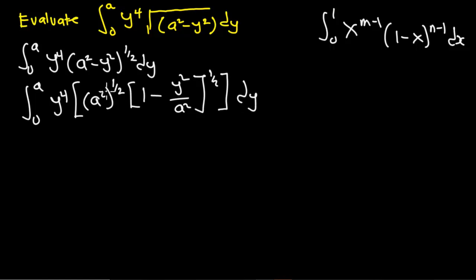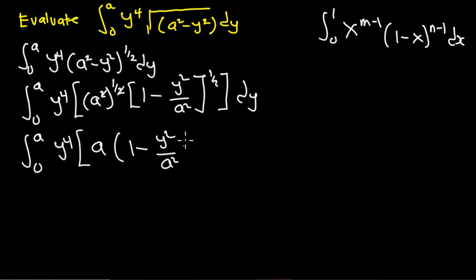Now from here, 2 can take care of 2, so you are going to be left with the integral from 0 to a of y to the power 4 multiplying just a into 1 minus y squared all over a squared exponent half dy.